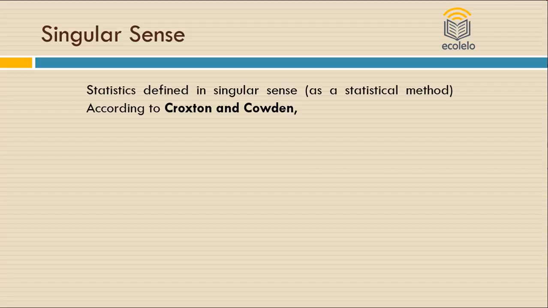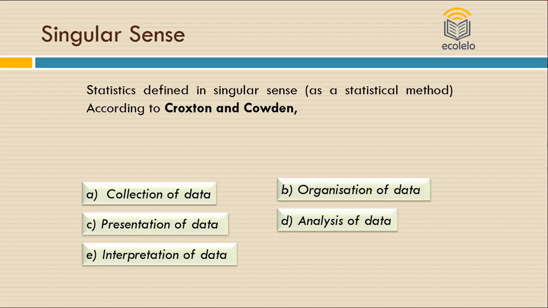According to Croxton and Cowden, statistics is A, collection of data, B, organization of data, C, presentation of data, D, analysis of data, and last, interpretation of data. So the sequence goes like this only, and there are 5 steps in this method.